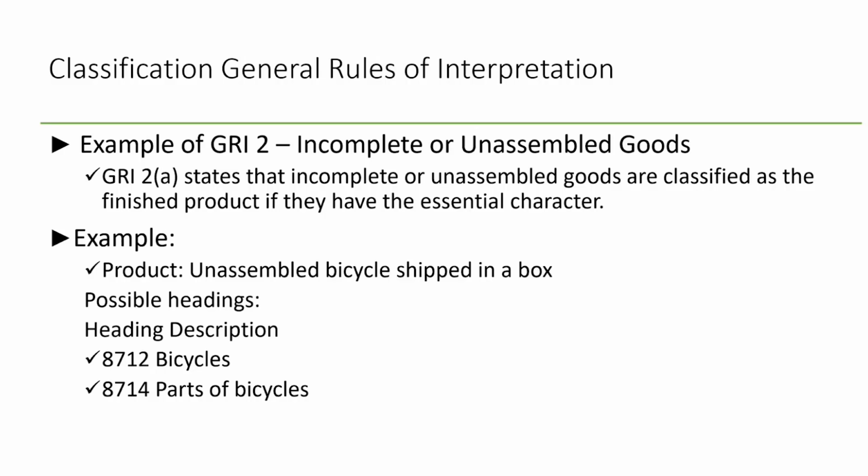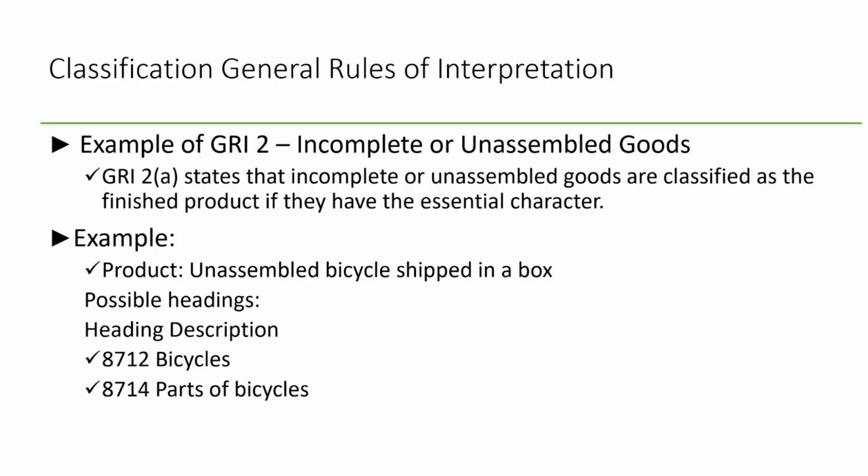Another example on GRI 2: say you were sending out medical kits to a third country. If you're based in Ireland, a third country would be anywhere outside of the EU, and if you're based in the UK, it would be anywhere outside of the UK.